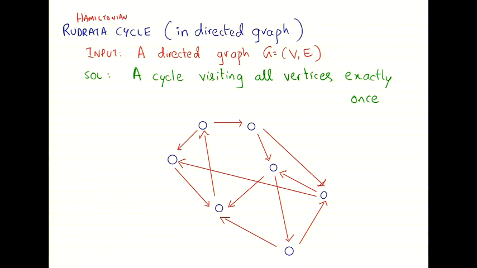What is the Hamiltonian cycle problem? You have a directed graph, and you want to find a cycle that visits every node exactly once. These two are important: it visits every node, and exactly once. And it has to come back to the starting point.